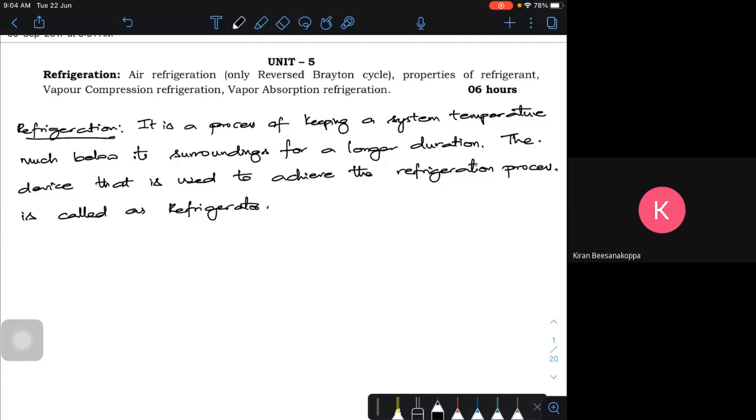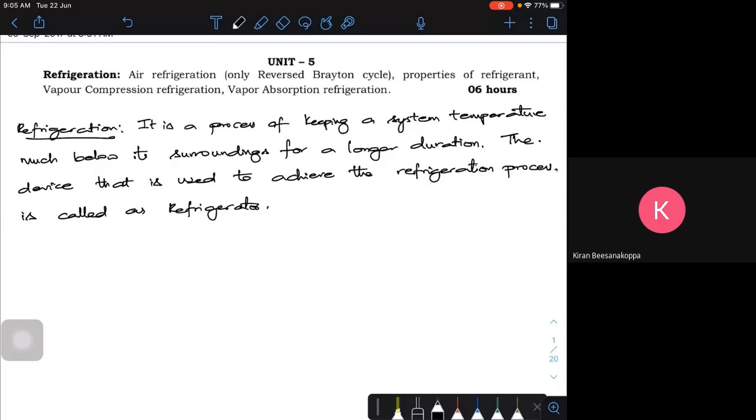When we speak of refrigeration, there is one specific definition which is commonly referred to. If you look at the specification of an air conditioning or refrigeration device, there is something called TR. You might have seen the TR there.